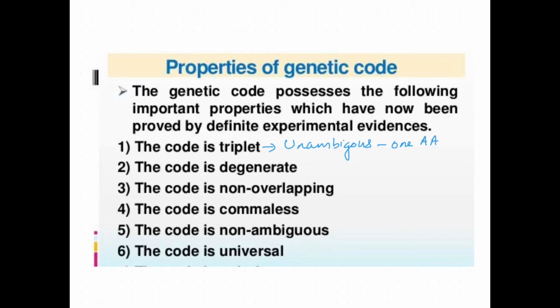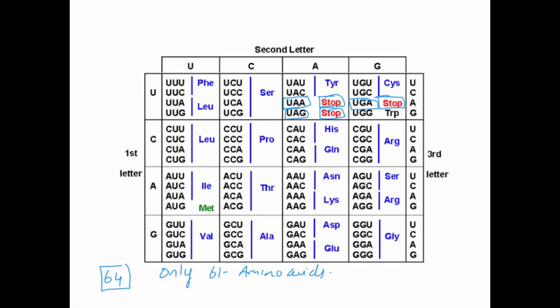So if you take any of the codes, for example UUU corresponds to phenylalanine. If you take CUU, it codes leucine. If you take CCU, it codes only for proline. You cannot see UUU as the same code for 2 different amino acids.